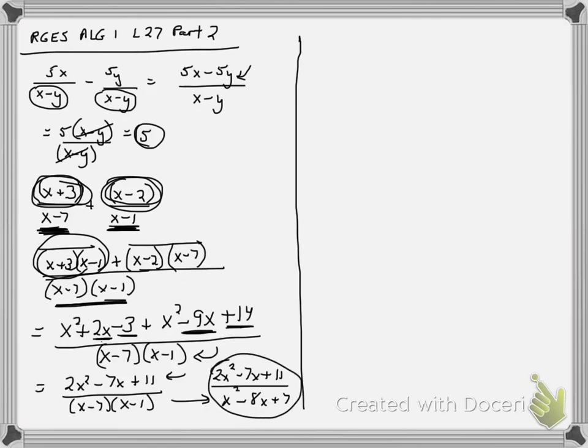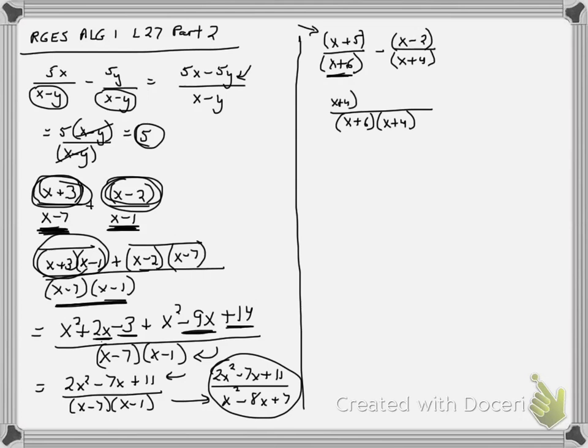Let's look at another. It's a good idea for you to maybe even put all these in parentheses so you remember that these are binomials. Okay, my new denominator is going to have to be x plus 6 times x plus 4. My multiplier on my first fraction is going to have to be what I'm missing from the denominator, the x plus 4.